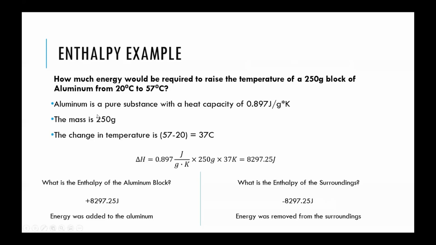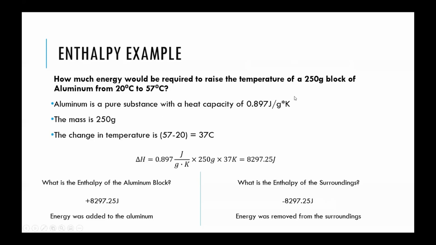Aluminum is a pure substance, and it has a heat capacity of 0.897 joules per gram per Kelvin, or degrees Celsius. Heat capacities can be found in a number of different tables, either on the web or in a lecture textbook, and they're pretty well defined, especially for the different metals and different elements.